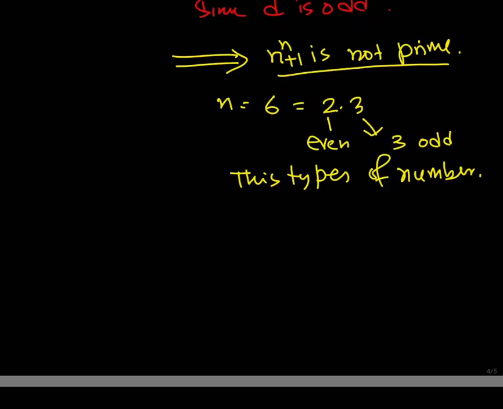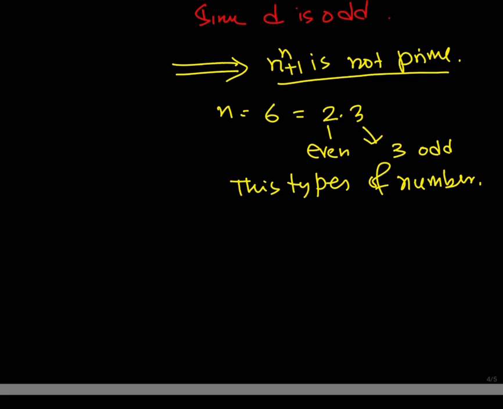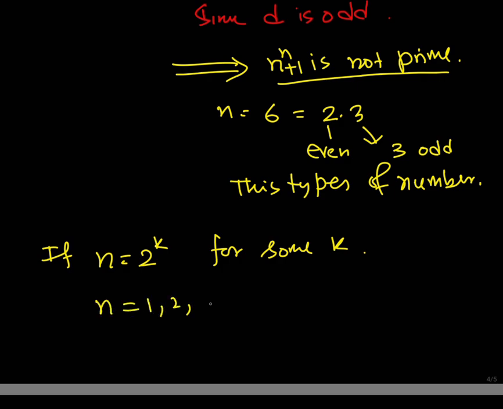Now the remaining case is n equal to 2 to the power k for some k. In our example, n is from 1 to 15. We already checked 1 and 2, the odd numbers, and the products of odd and even.